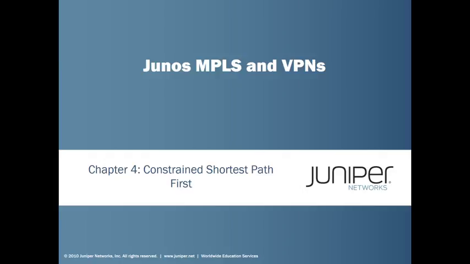All right, so what we did last week is we used label distribution protocols to build label switch paths. So we use RSVP and we use LDP. And we just had a look at what they did. Now, with RSVP, what we first of all did is we created an RSVP label switch path, and we just let it go ahead and build the path for us.